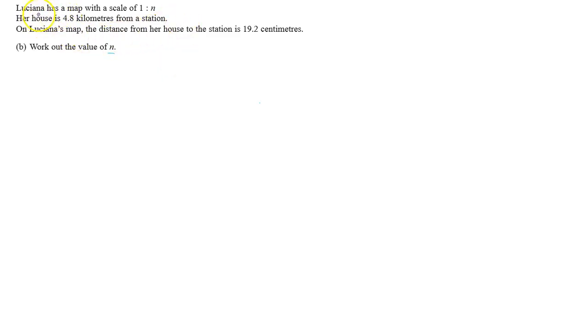Part B of the question is, Luciana has a map with a scale 1:n. Her house is 4.8 kilometers from the station. So the house is 4.8 kilometers, and on the map, this distance is represented by 19.2 centimeter.